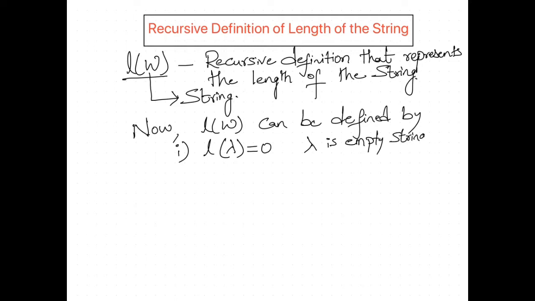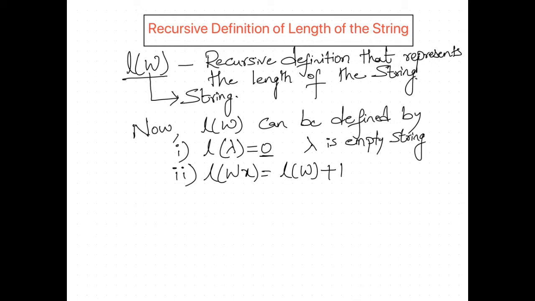What is the length of the empty string? Obviously 0, right? So that's why L of lambda is equal to 0. Now what is the second one? L of Wx is equal to L of W plus 1. This is a recursive definition of the length of the string.